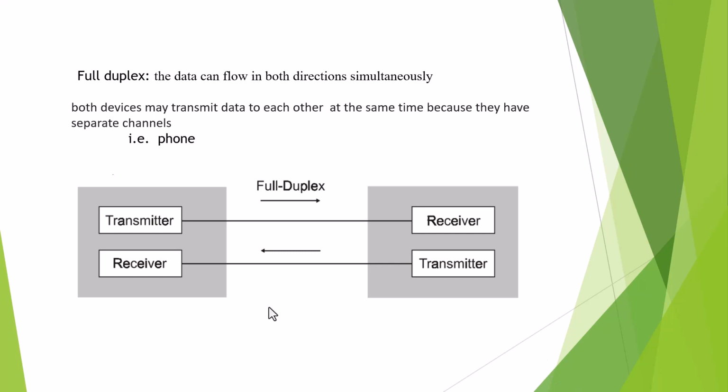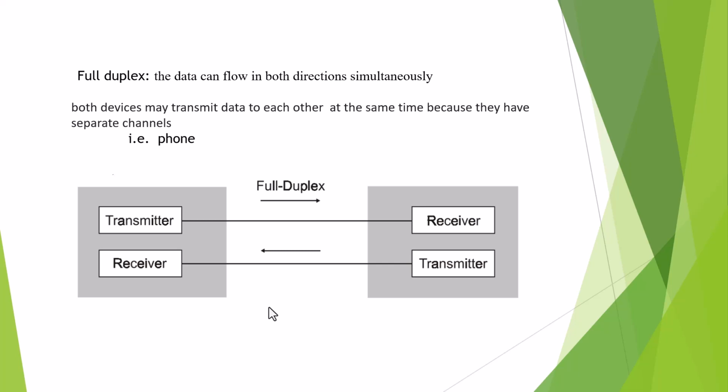Also we should know full duplex. In full duplex, the data can flow in both directions simultaneously. Both devices may transmit data to each other at the same time because they have separate channels.